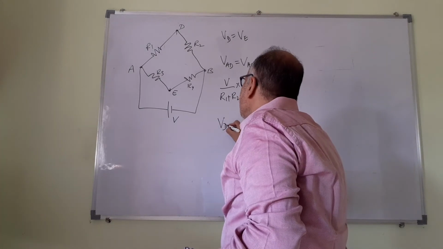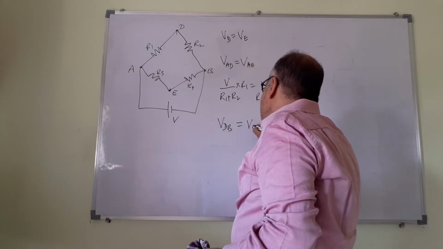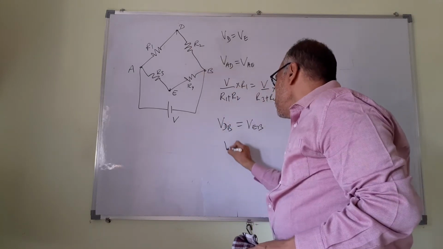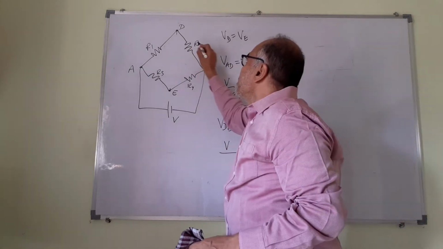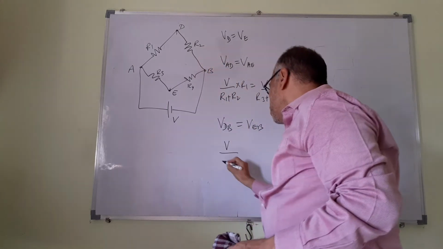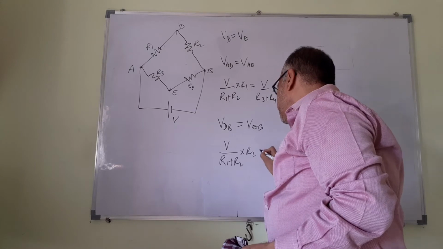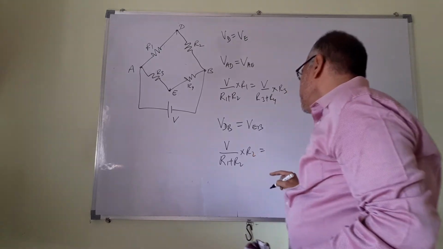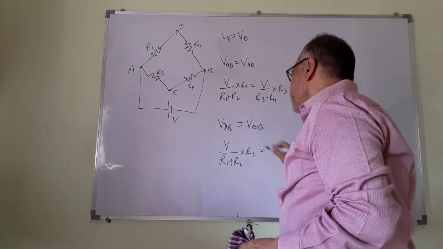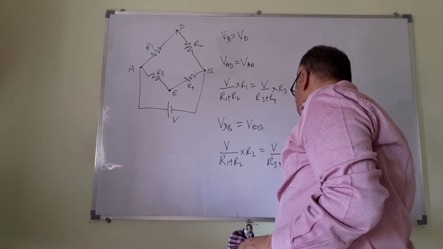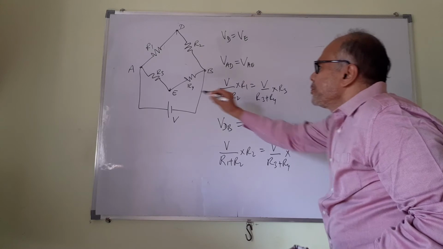VDB equals VEB. Let's write this. VDB will be V by R1 plus R2 into R2. That is equal to VEB, V by R3 plus R4 into R4.